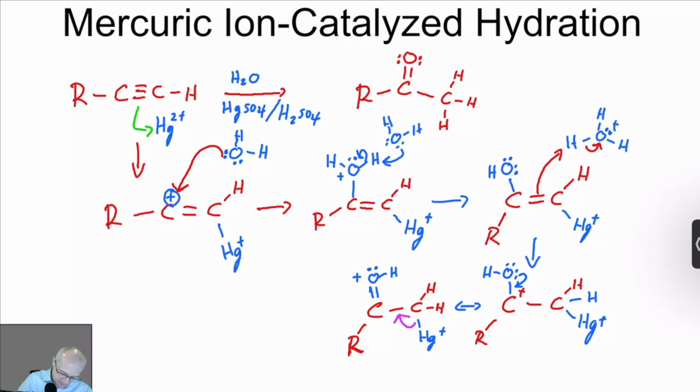Now, of course, we can't stop here because if we stop here, we're going to violate the octet rule. So the electrons from here go to form a lone pair.